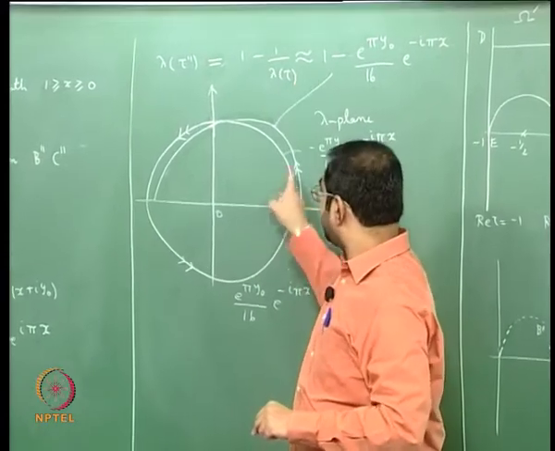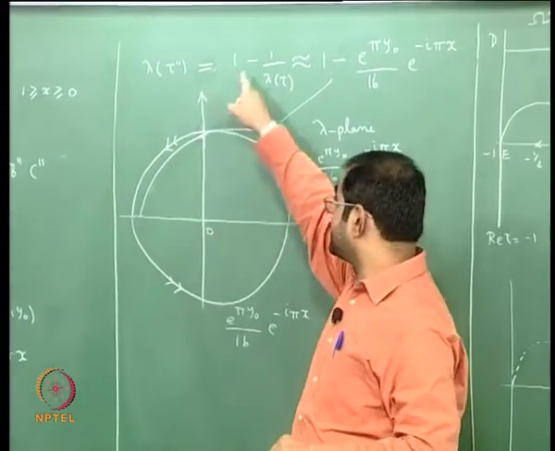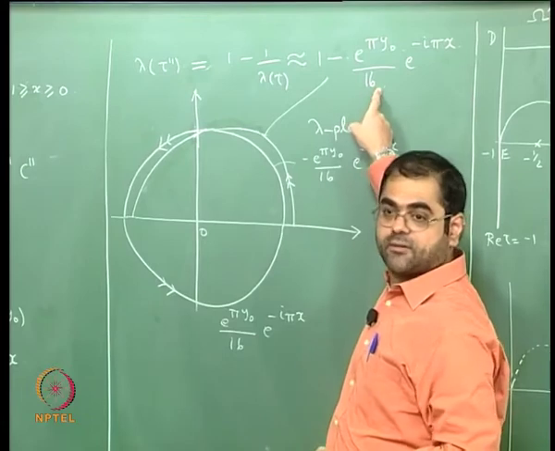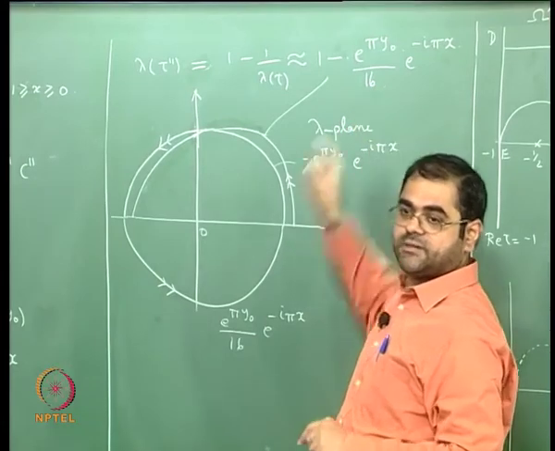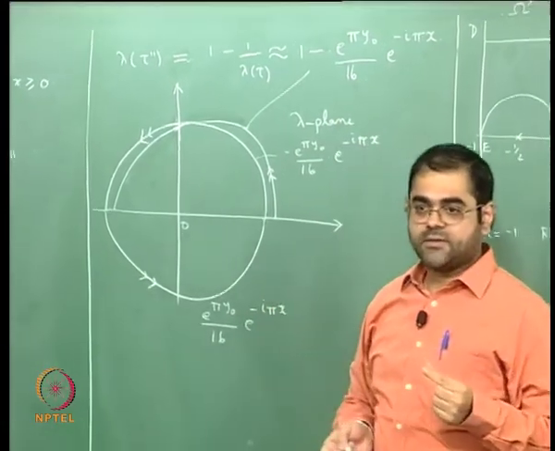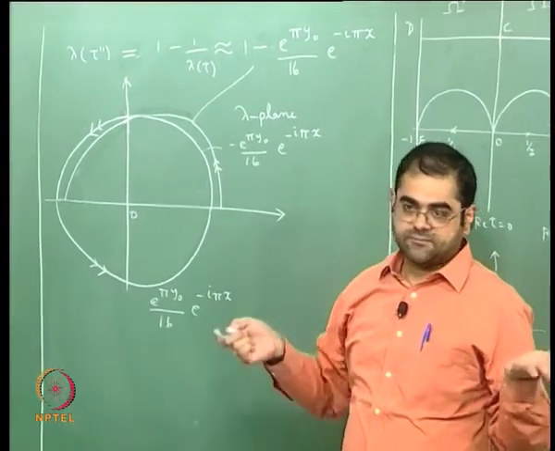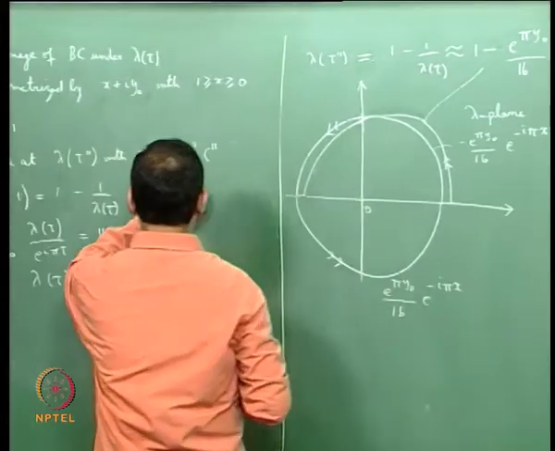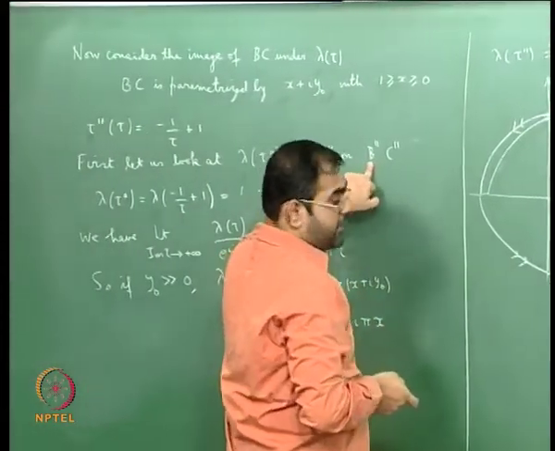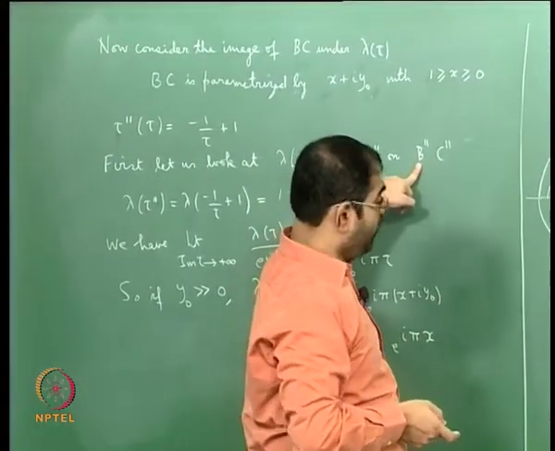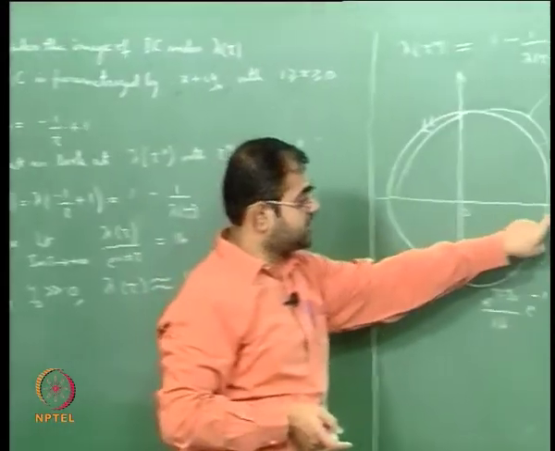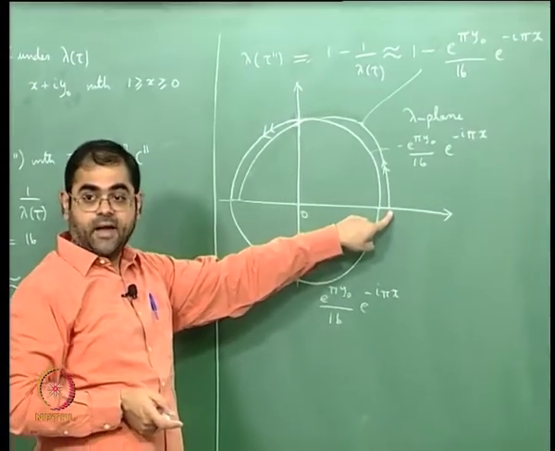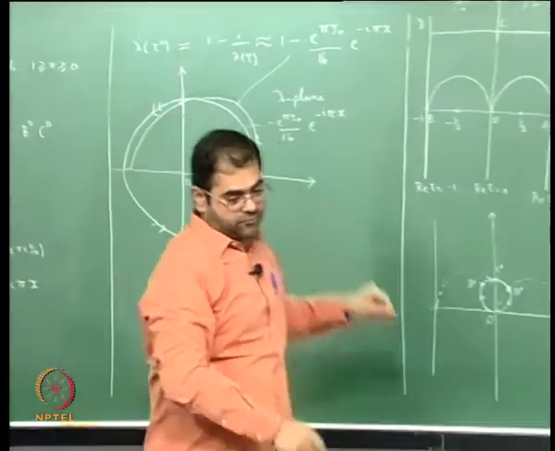Of course I get a curve, but the curve can be approximated by the semicircular arc, and the approximation can be made to any degree of accuracy you want by simply taking y naught large enough. And mind you, therefore, b double prime will start here, and I will have to be careful about the orientation.